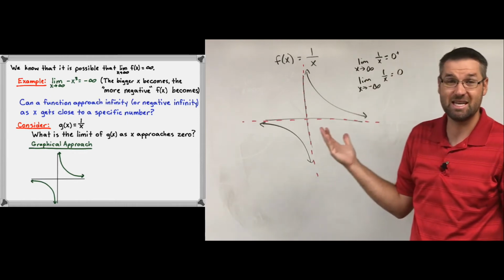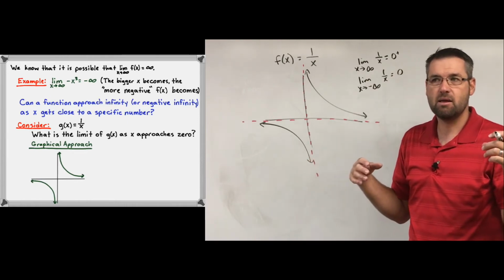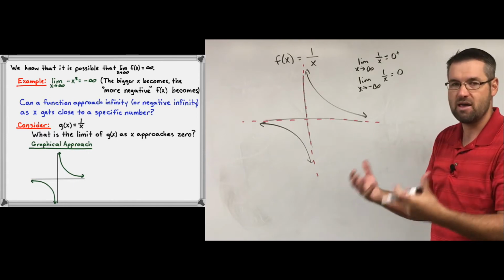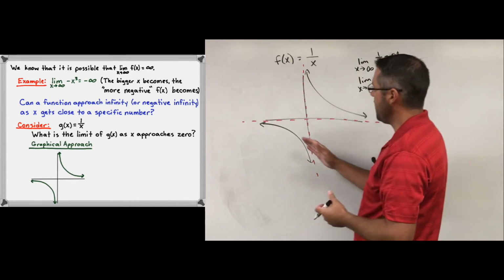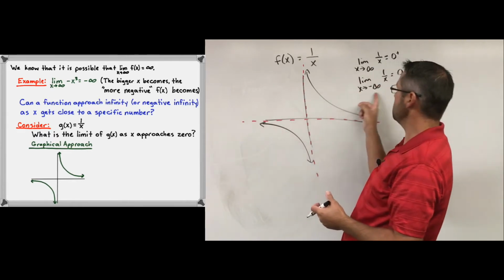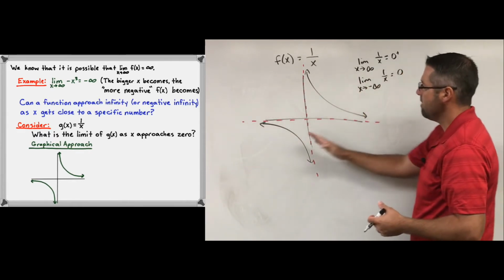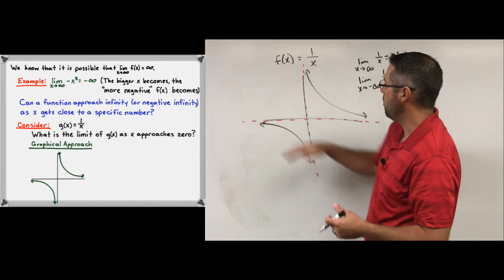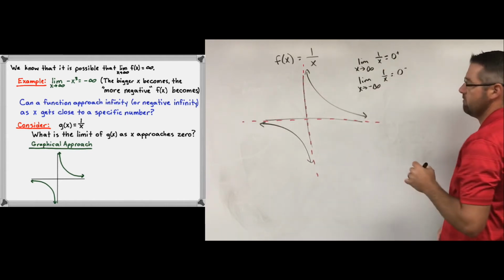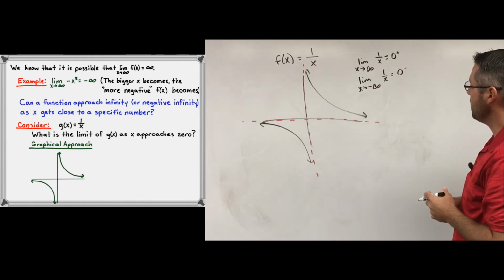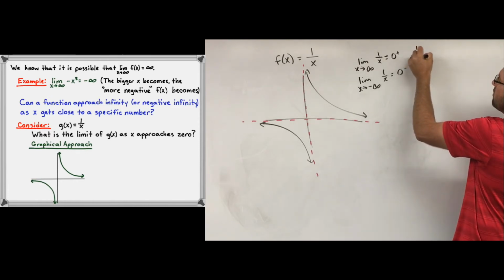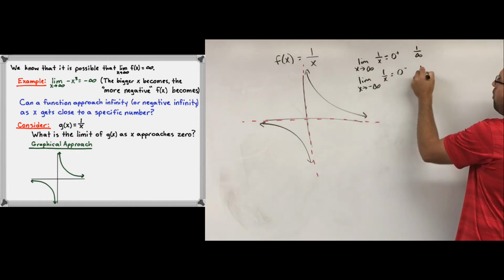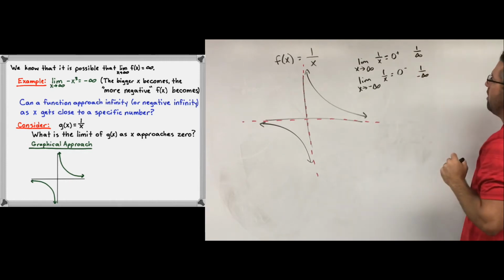Technically, there's no such thing as a negative 0, but mathematically, if we think about it that way, it helps us understand what we're doing a little bit more. Looking at this one, the limit as x approaches negative infinity is 0, but it's approaching it from below. So we would say negative. That's kind of important. And why is that? Well, if we plug in, we end up with 1 over infinity on this one, and 1 over negative infinity on that one.